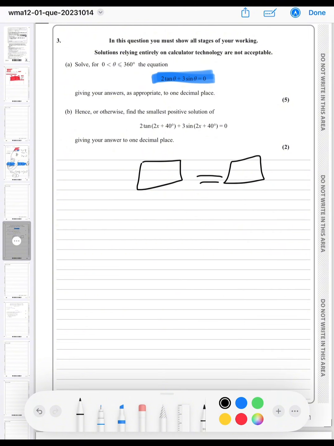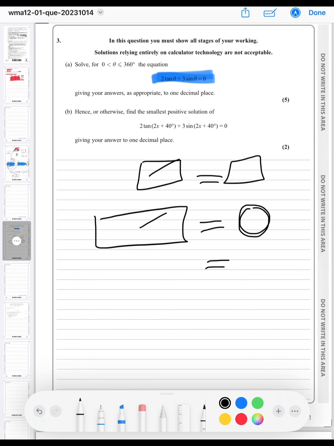If you are unable to do this, then try to make a quadratic equation on this side, having one trigonometric ratio, and on this side try to get a zero. And the third thing is, if you are unable to get one number and the trigonometric ratio, or the quadratic equation, then try to make an equation like this.